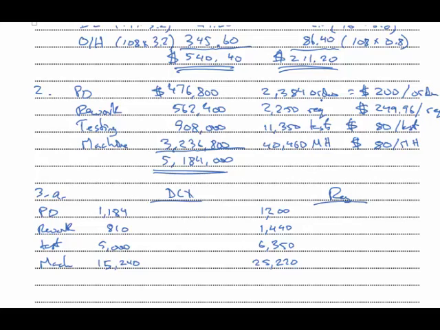So $200 per order times the 1184 will give us $236,800. $249.96 times 810, 202,464. $80 per test times 5,000 tests is $400,000.